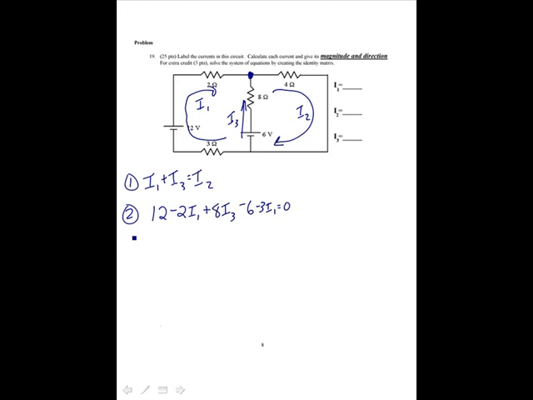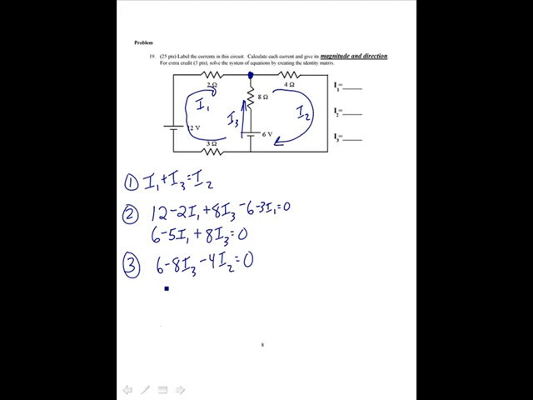Actually, I'm going to go ahead and simplify this one a little bit. I get 6 minus 5I1 plus 8I3 equals 0. And then equation 3, looks like I chose the right loop. 6 minus 8I3 minus 4I2 equals 0.